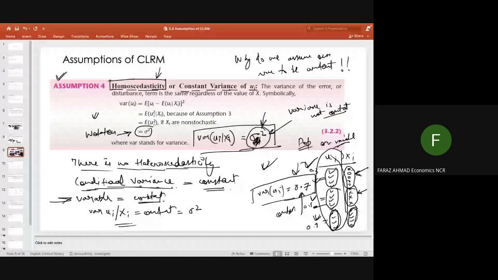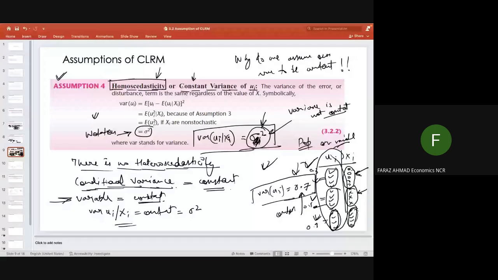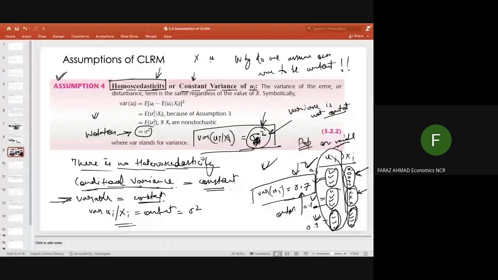Yes, you were right. This is the right way of putting things, because we don't want errors to be systematic. If X is changing, the error should not change in a systematic way, because if it does, we will have variable variance. So there is no change in variability across X's.